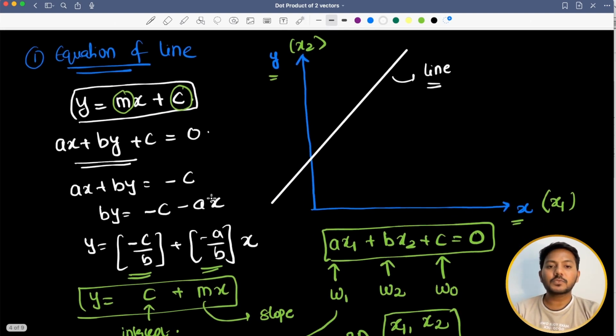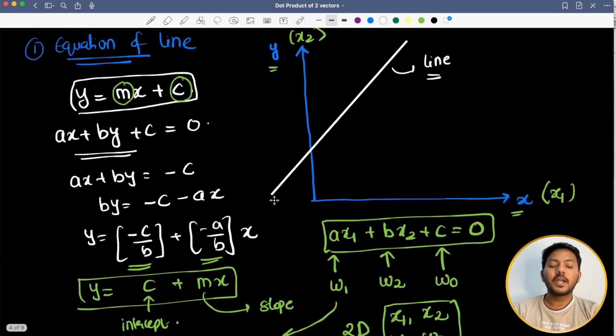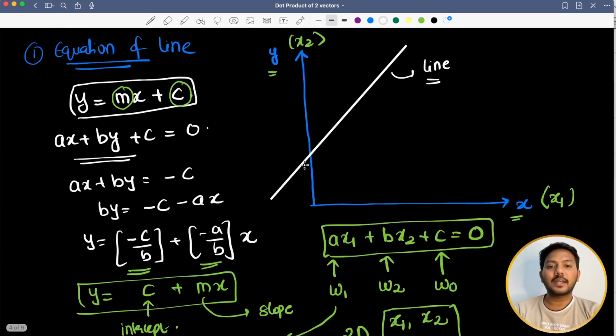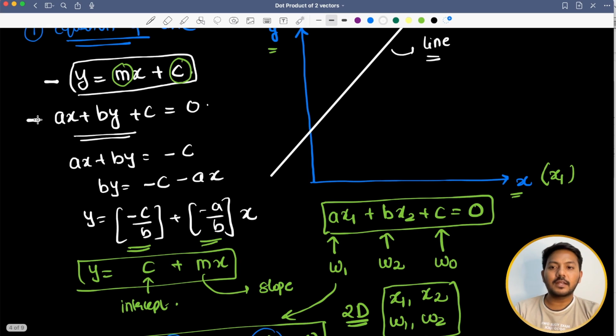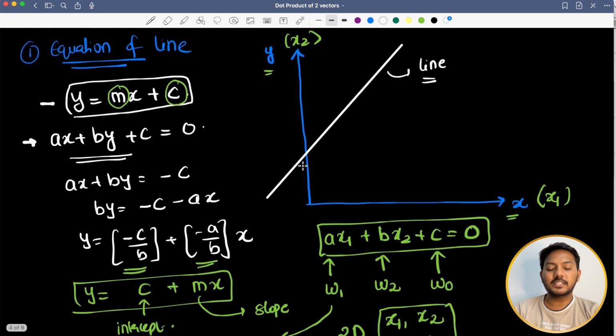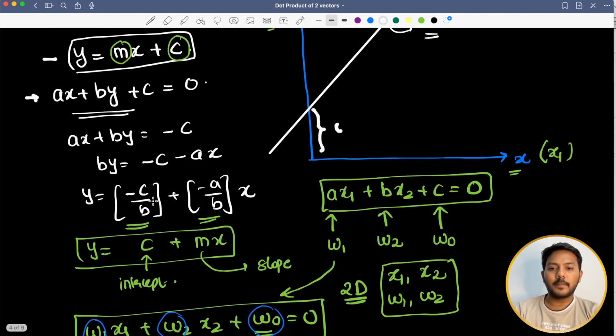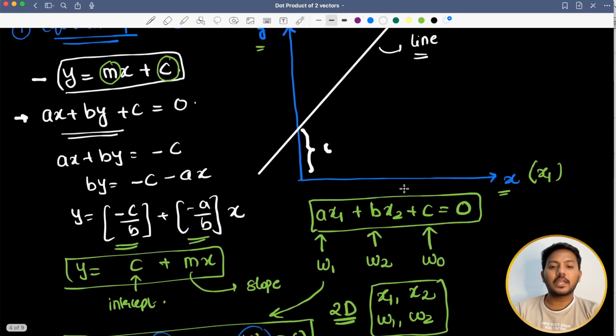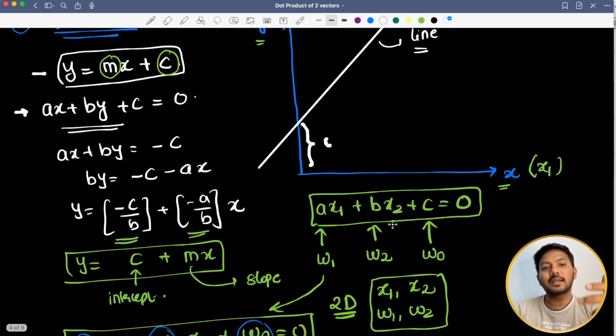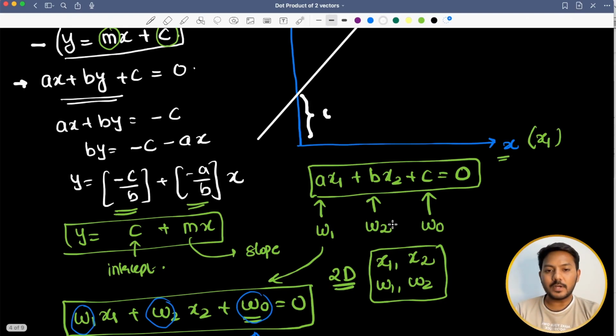So just to summarize what we have learned in today's video, we have a 2D plane and a line in this 2D plane, and the general equation is y equal to mx plus c, and also ax plus by plus c is equal to 0, where c is basically the intercept of y. I can convert this into y equal to c plus mx, and instead of x and y I choose x1 and x2 because we will relate these things more when we talk about data science.